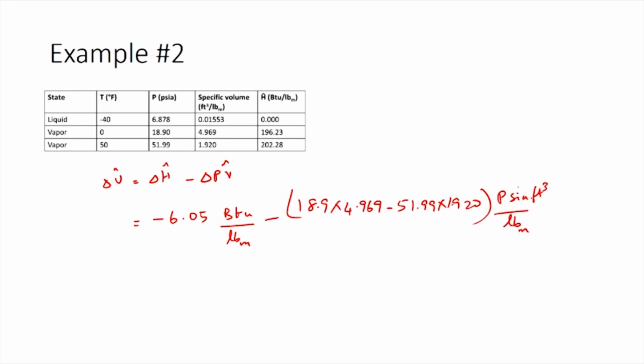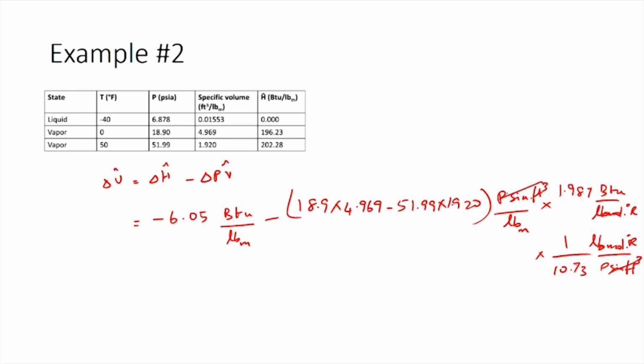So, now we are converting this value into BTU using the universal gas constants, which would be 1.987 BTU per pound mole degree Rankine divided by 10.73 PSIA feet cube per pound mole degree Rankine.